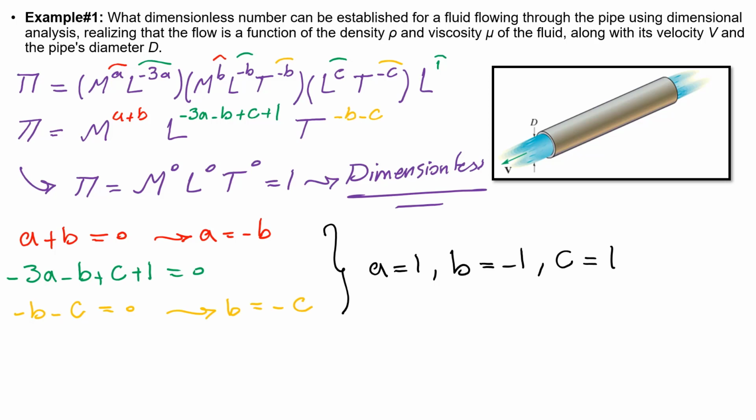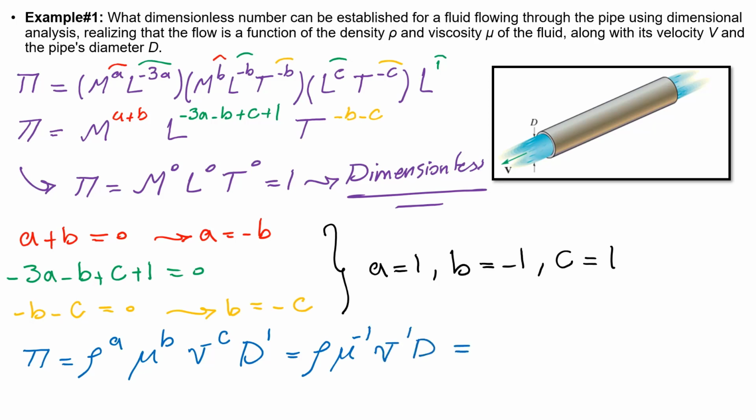Perfect. So do you still remember the original equation for dimensionless number pi? It was rho to the power a, mu to the power b, v to the power c, and d to the power 1. Let's replace the numbers a, b, c that we found. It would be rho, mu to the power negative 1, and velocity to the power 1, and d.